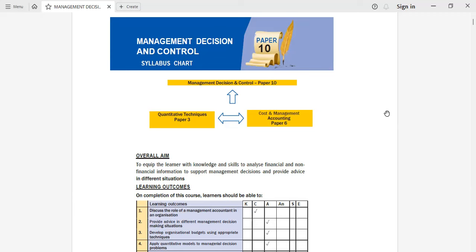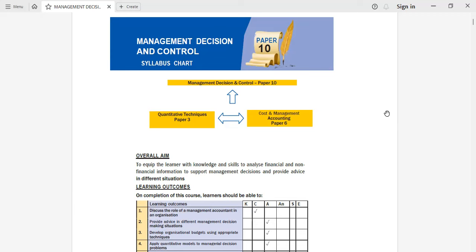And these level 1 papers that are acting as our foundation for the MDC paper are quantitative techniques, commonly known as QT, that is paper 3, and cost and management accounting, that is paper 6. And those two, we are going to need knowledge from them.